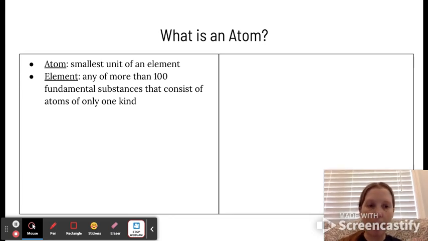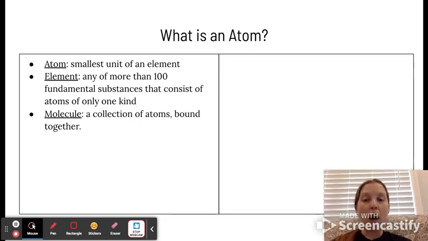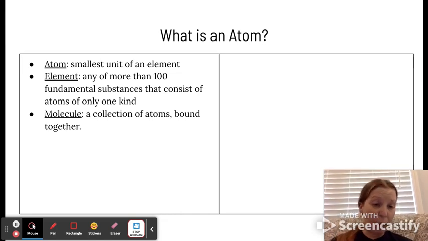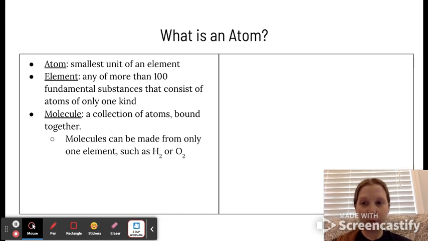Like gold, copper, oxygen, those are elements, and each of those elements is made up of atoms specific to that element. A molecule is a collection of atoms that are chemically bound together, and we also refer to what are called formula units, depending on which type of bonding you have.